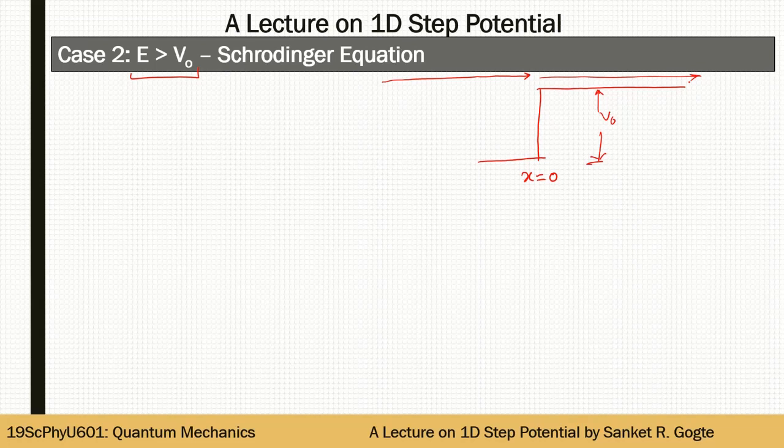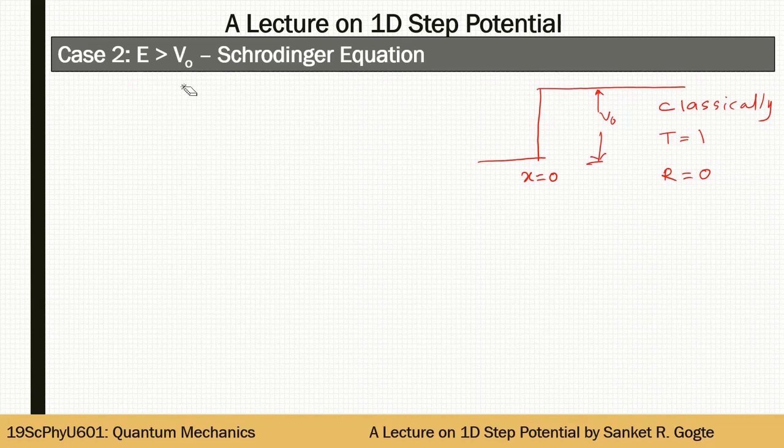So this is what classical mechanics predicts: T should be equal to 1. T is the transmission coefficient, the probability that the particle is transmitted. R is equal to 0. There is no probability that the particle is reflected. Let's now see what quantum mechanics has to say for this problem.